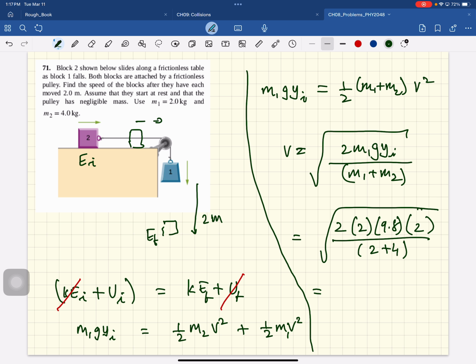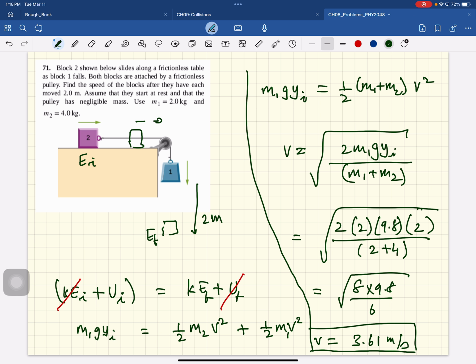Okay, so v is the square root of that, so they're moving at 3.6 meters per second after having fallen 2 meters.